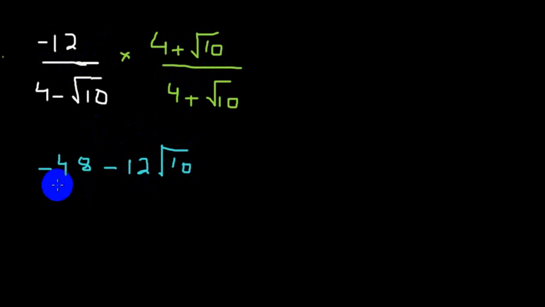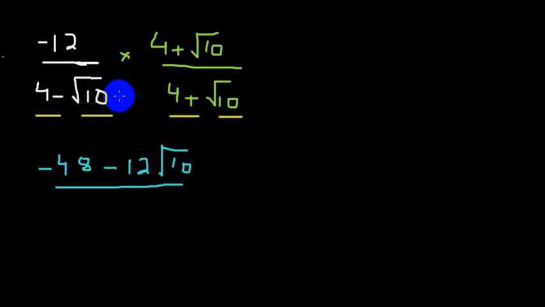Okay, now in the denominator again we get the algebraic formula, which is a minus b into a plus b. So when there are two terms in the denominator, you must make it possible to simplify it through the algebraic formula.